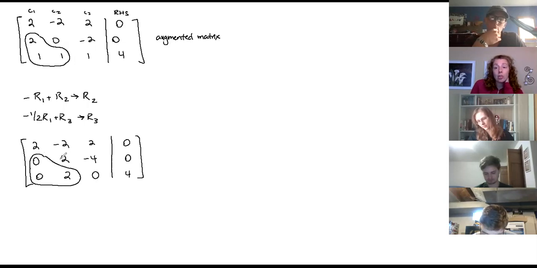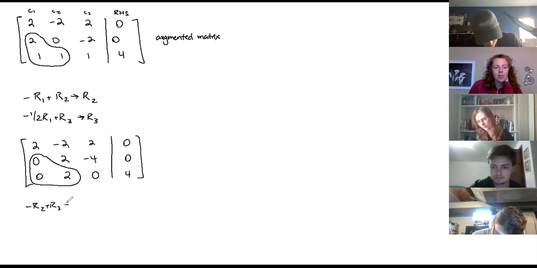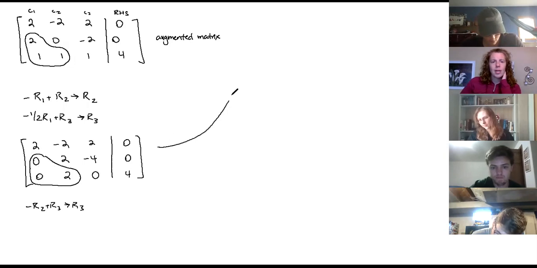So we're going to use row 2 instead to zero this one out, because then I will keep these zeros here as well. So this is going to be a negative row 2 plus row 3, and that's going to get sent to row 3. Negative 2 row 2 plus row 3 gets sent to row 3. We'll draw an arrow up here.